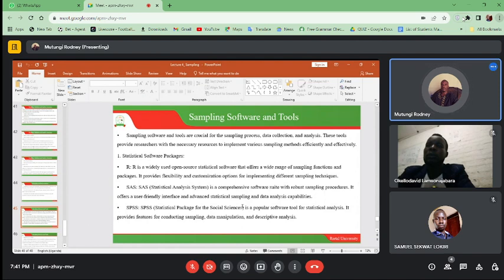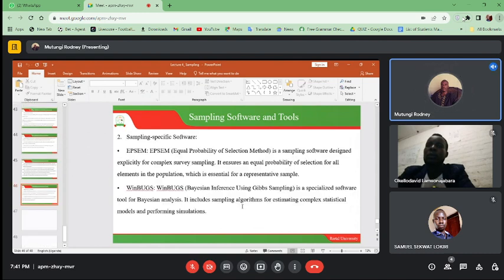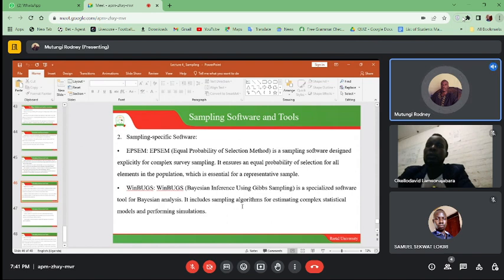So there are very many statistical software packages, and these include R, SAS, SPSS, or Statistical Package for Social Sciences, which, by the way, is most common. Then we have EPSEM, which is more of a sampling-specific software that will enable you to engage in sampling, which is a bit complex.